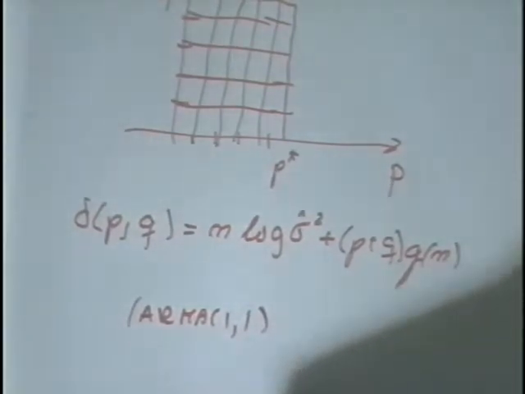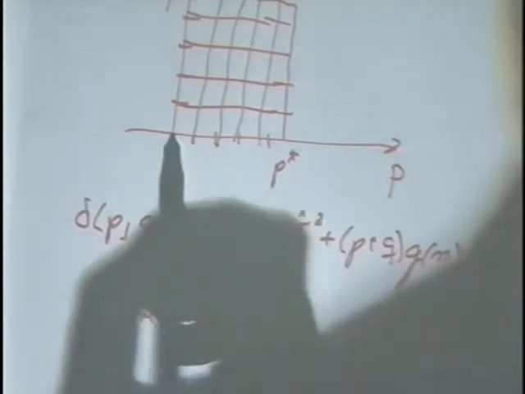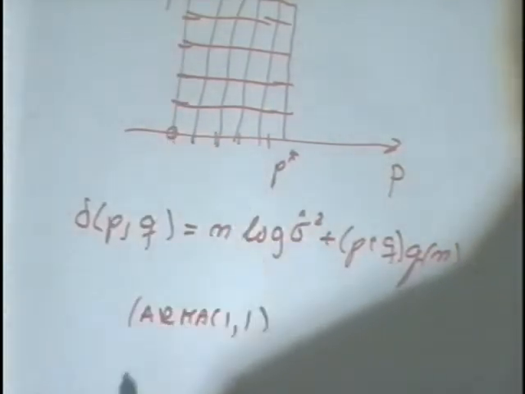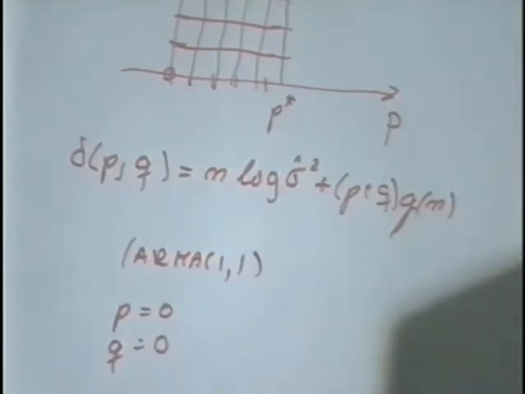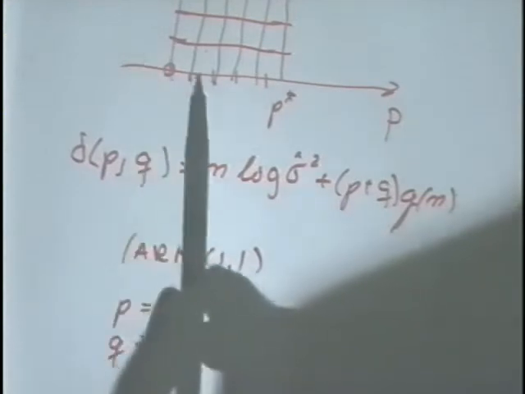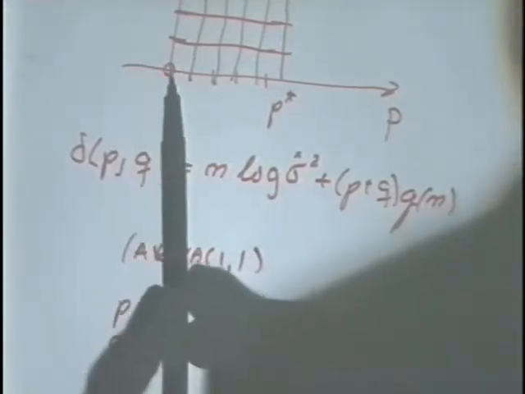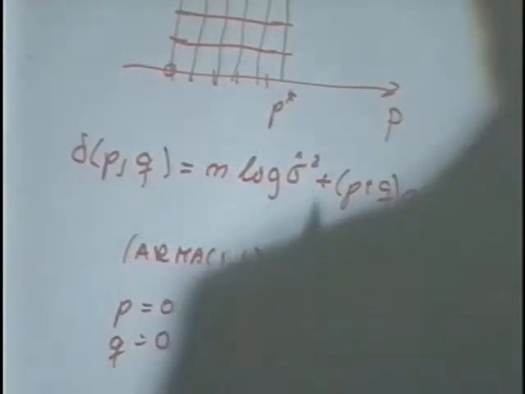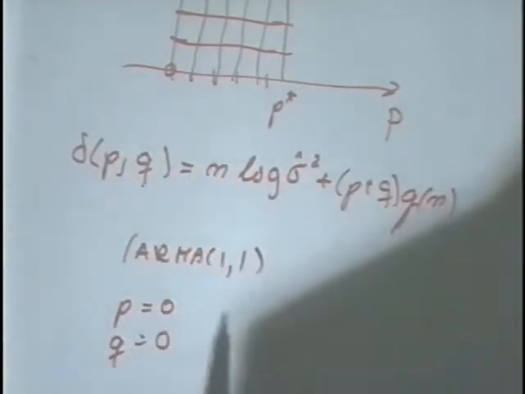And so how I approached this problem, the idea is that we estimate models starting from we test whether we have P is equal to 0, Q is equal to 0. That is, we test whether the model or the time series is white noise or not. If it is, we have solved our problem in the world of linear models.